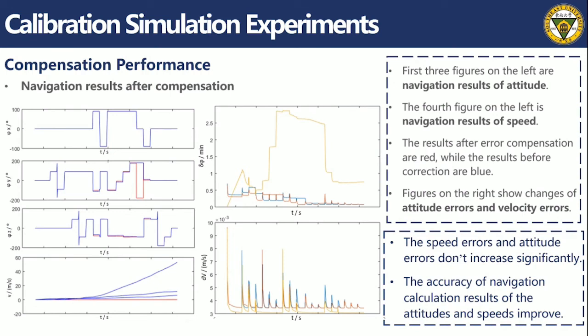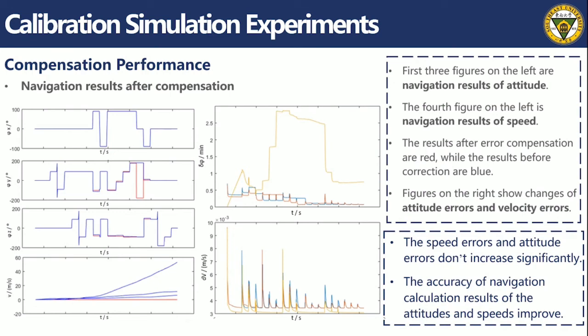In these four figures, results after error compensation are red, while results before correction are blue. Figures on the right show the changes of altitude errors and velocity errors during filtering.